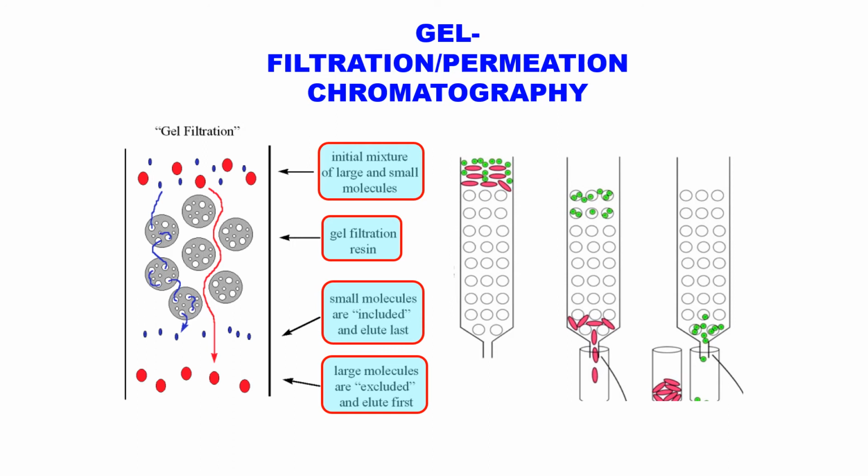Like you can see, all the red ones are collected in one vial, and the next vials will contain the green ones. For simplicity, only two components are shown here, but of course there can be a higher number of components in the mixture. So basically, this is about the components being filtered through the resin molecules.